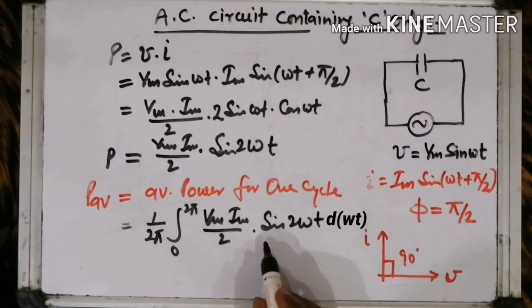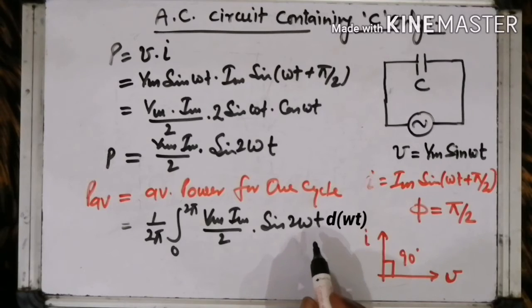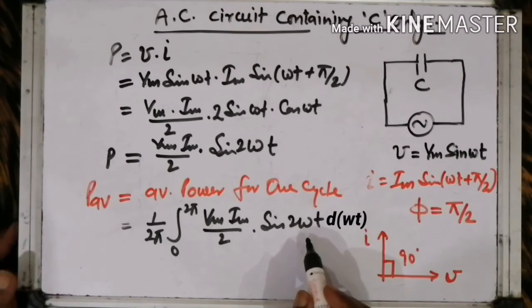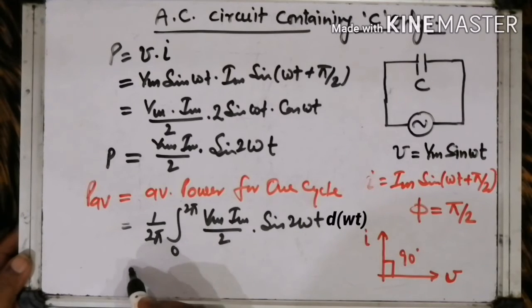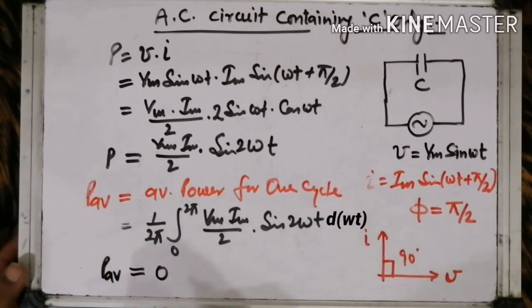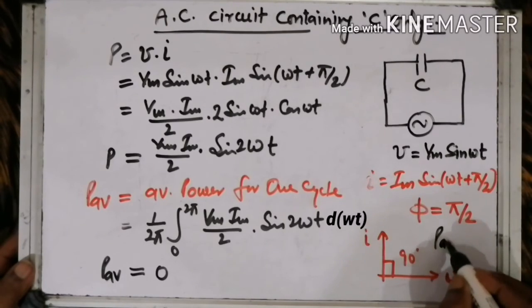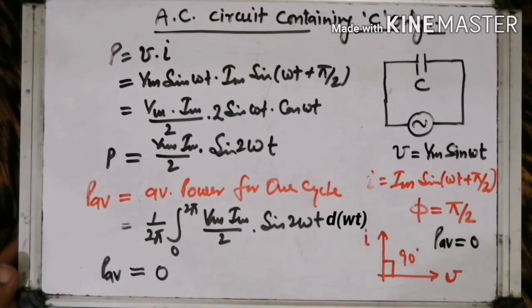This one is a sinusoidal wave having frequency 2 omega. So the average power during one complete cycle is 0. P average is equal to 0.